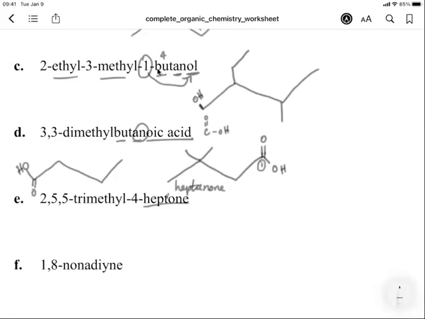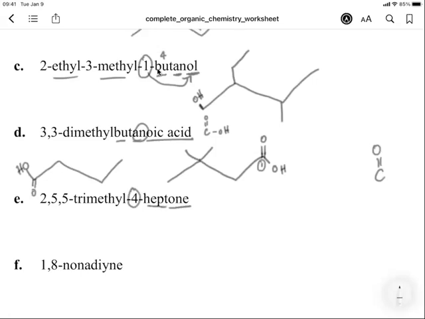But anyway, if you see heptone, then of course you assume it's just single bonds. Right, so one means it's a ketone. A ketone means we have a carbonyl group, which is a C double bonded to an O. And a ketone, the carbonyl group, occurs somewhere within the chain. This 4 is telling us exactly which carbon it's on.